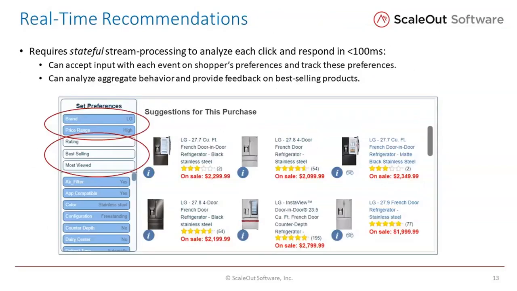So this is an example here of a UI that one could construct. We constructed it as a demonstration of real-time stateful stream processing for e-commerce recommendations. And what it's doing is, as shoppers click on products, we create a frame on the web page which is showing various products that we are recommending based on their clickstream history, and also based on our knowledge of their past shopping behavior, their favorite products, the favorite brands, for example, the price range they seem to operate in, low, medium, high, and also any other data about their demographics that's relevant to the shopping experience.